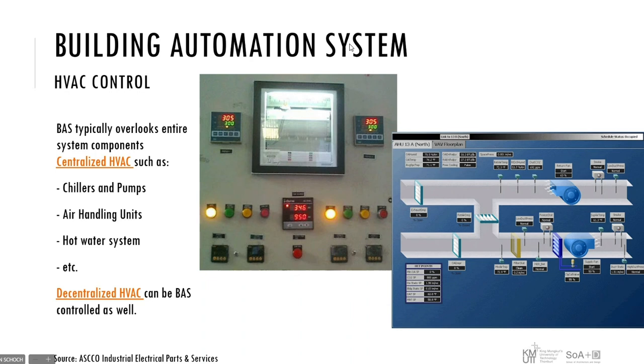For this, you also need pumps, and for air, you also need the control of the air handling units that provide fresh air supply and also provide the right temperature of that air supply, usually via air ducts.